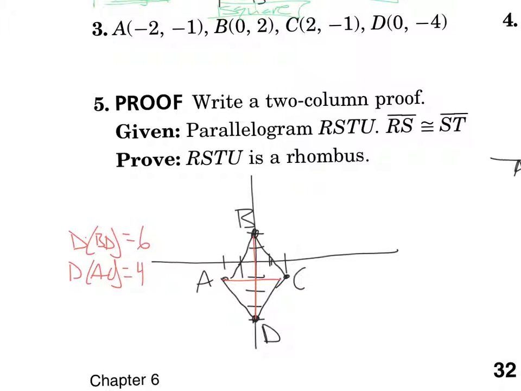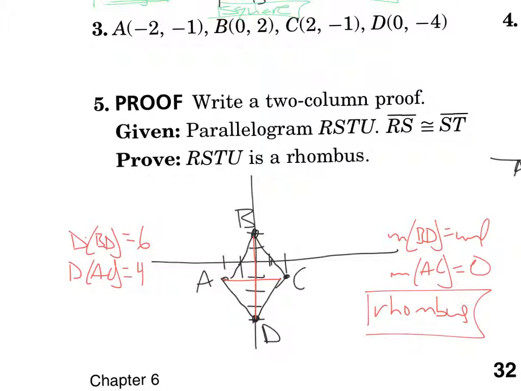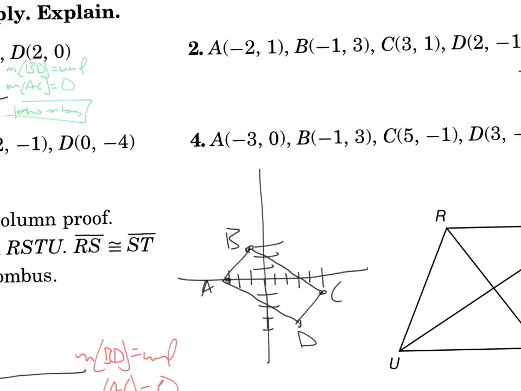So it's definitely not a rectangle. But if I find the slopes, they're going to be the exact same as above. BD is undefined. AC is 0. Those are perpendicular, so it's going to be a rhombus. But since it's not a rectangle, it definitely can't be a square.